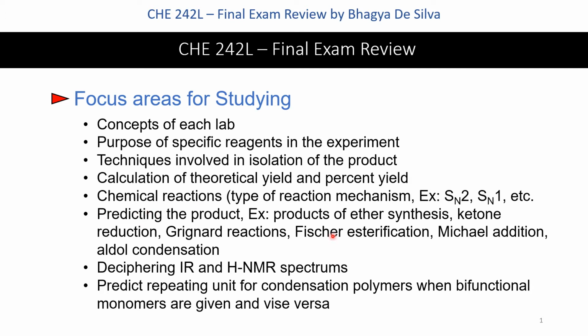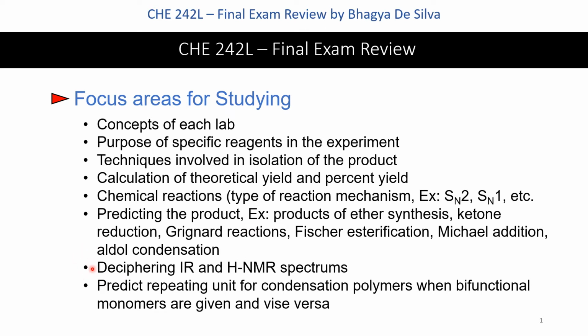So if you were given two reagents for ether synthesis, or you were given a molecule that will be reduced, as in a ketone reduction experiment, or you were given a Grignard reagent with another molecule, or Fischer esterification, Michael addition, aldol condensation. For all of these, practice predicting the product if you were given the starting material. Or in some cases, you could be given the final product and asked to predict what were the starting materials.